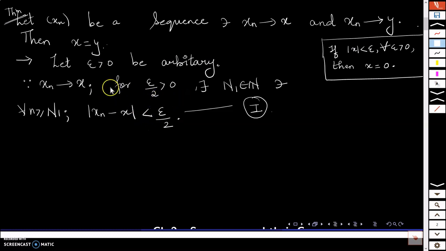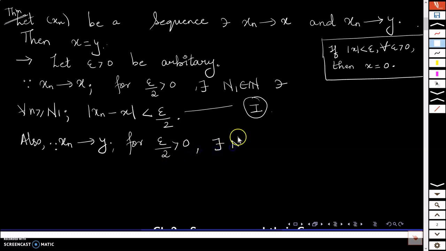So I made use of the fact that xn is converging to x, but I also know that xn converges to y. Since xn converges to y, what can I say? Given any epsilon positive, that works for any positive number, so it will work for epsilon by 2 also. Because epsilon is positive, epsilon by 2 is also positive.